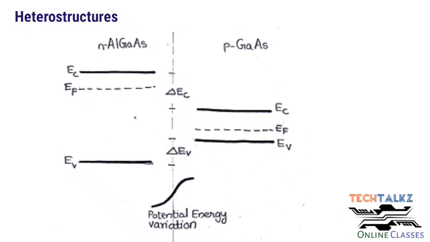So when you join the junction, as you know, there will be charge migration, and in the NP junction, because of charge migration, there will be potential energy variation, and it will be like this. But here you need to be very careful, because in addition to the potential energy variation, there is energy discontinuity. There is delta EC and delta EV. Okay.